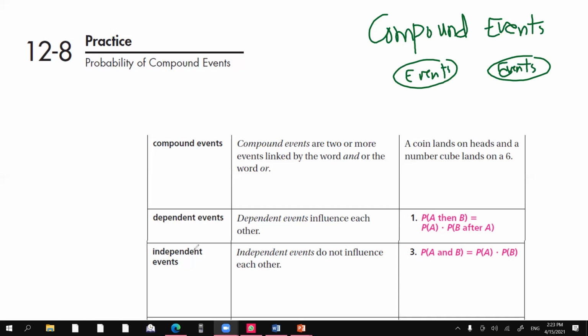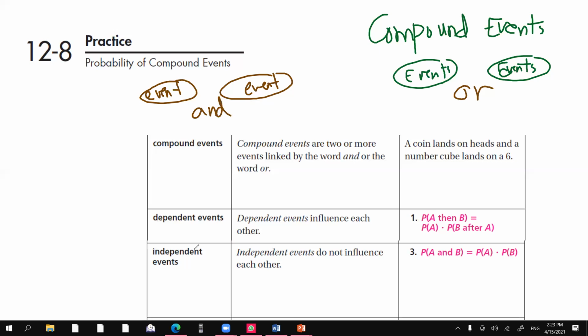When I combine them, I can use and, or I can use or. I can say event A or event B, or event A and event B.